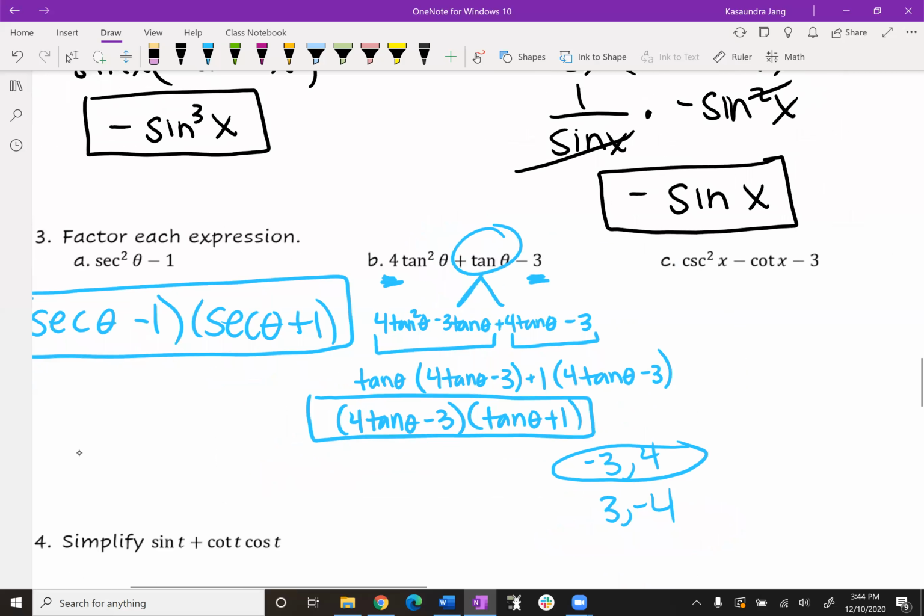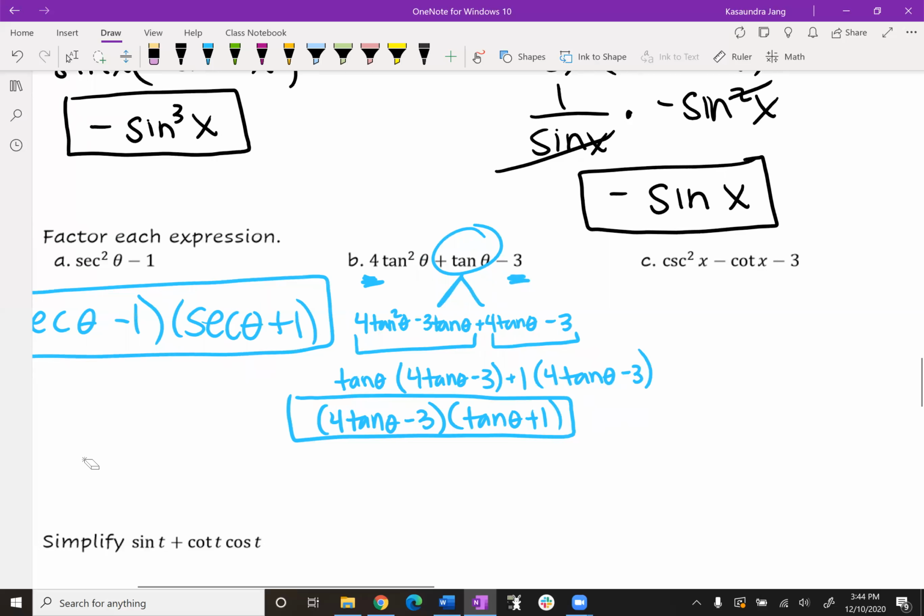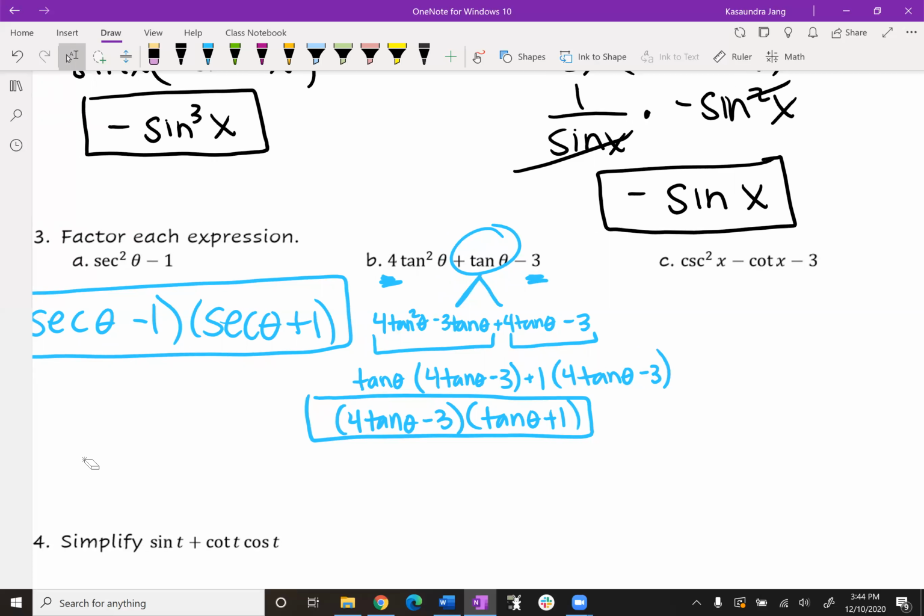All right, and then part C here. If I'm going to factor this expression, I notice that it's not like B in that on part B, I had a tangent and a tangent, both the exact same trig function. But on part C, they're not the same trig function.